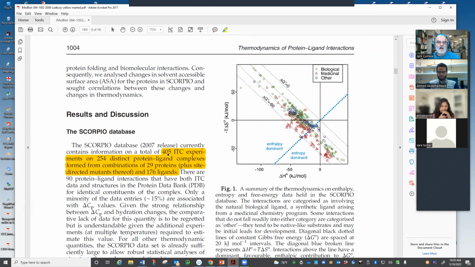And there's data on 254 distinct protein ligand complexes, 405 experiments on 29 proteins and 176 ligands. So some of this stuff is redundant, but they have a lot of data. And so they introduce us to this.